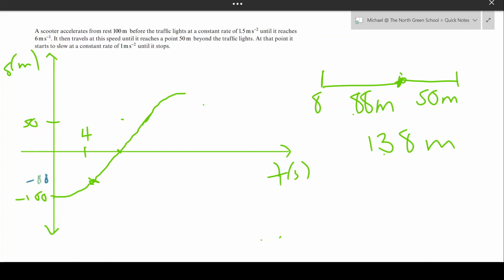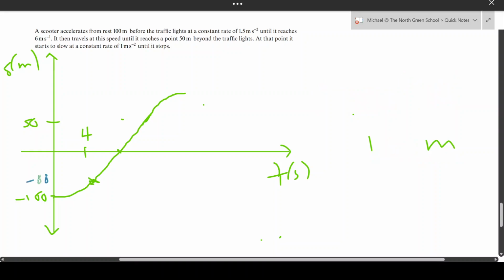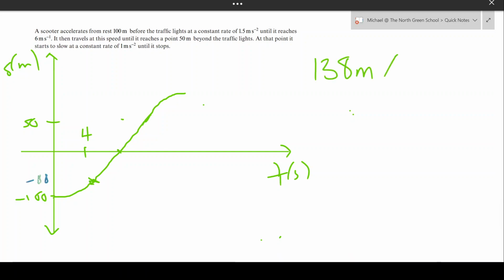So that's the idea you're going to use. It needs to cover 138 meters at a constant speed of 6 meters per second, so we need to figure out how much time that takes. The displacement is 138, the initial velocity is 6, and constant velocity means the acceleration is 0.